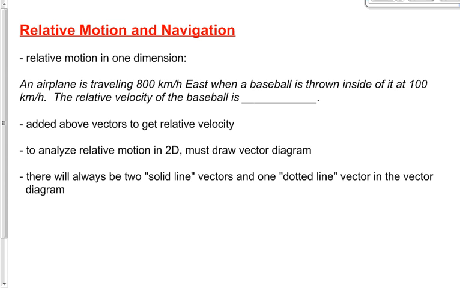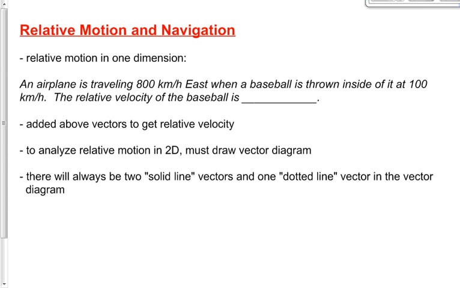Now, when we're doing that in two dimensions, we have to add vectors together too. It's no different. We always have to add vectors together to get relative velocity. But when we're adding them in two dimensions, the math is a little bit harder than in one dimension. We've looked at that over the last week or two.